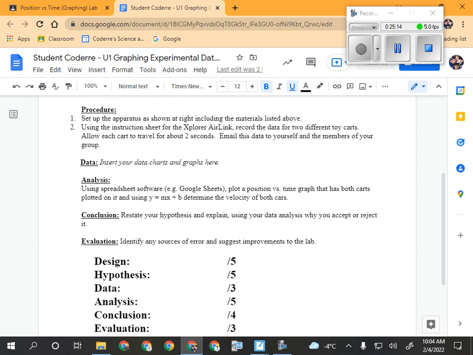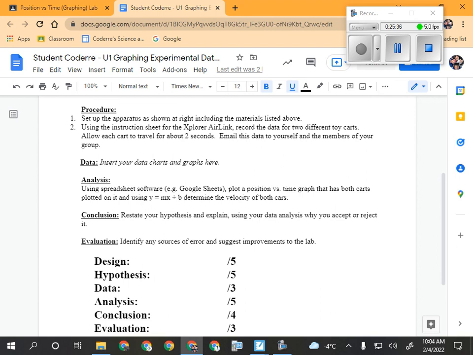In your evaluation, which is out of 3 marks, you identify 2 sources of error and give me ways to fix them. You're not going to hurt my feelings by finding things wrong with the experiment. We know that inherently there are things wrong with the experiment. There's very little that we can do about that.